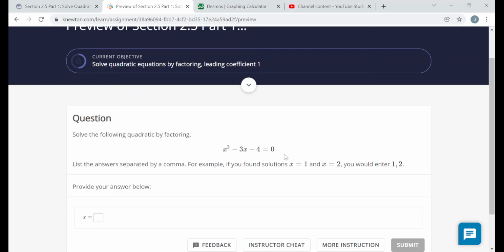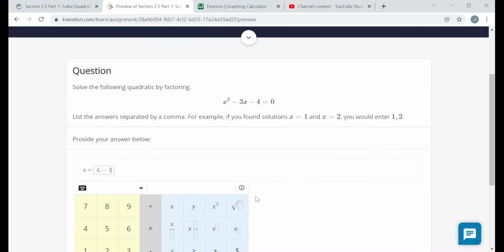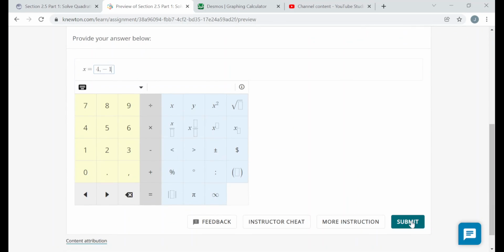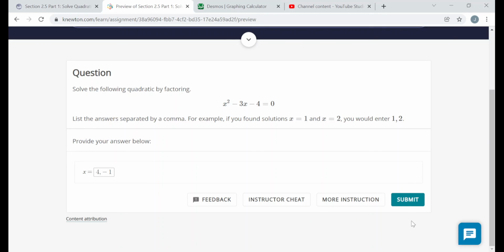I'm just going to do this one out loud. x² − 3x − 4 would factor to (x − 4)(x + 1). And then you set each factor equal to 0. x − 4 is 0 when x is positive 4, so that's a solution. And then x + 1 is equal to 0 when x is negative 1, so that's also a solution. Again, you can check those, 4 and negative 1. And submit.